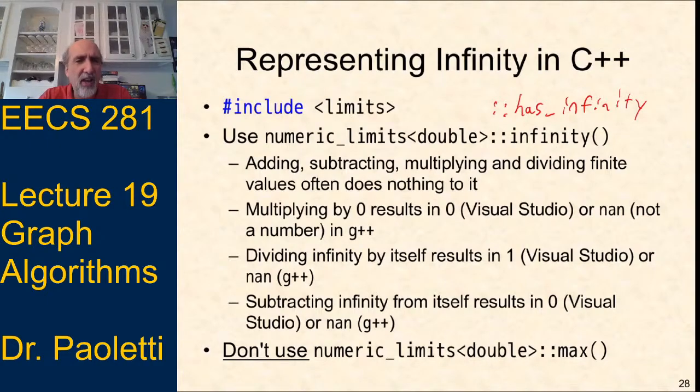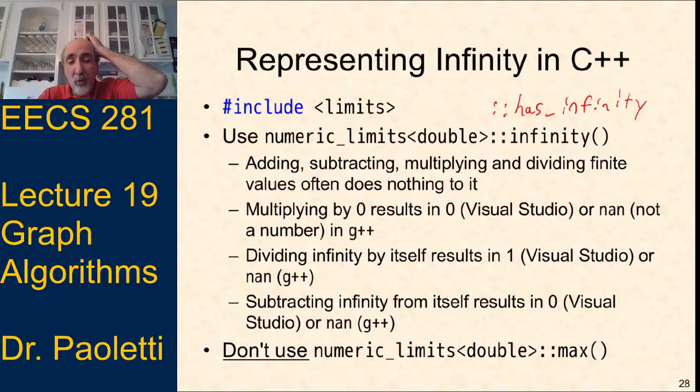I didn't test all of these with Clang, with the LLVM compiler, but I tested them with what I had available, which was G++ and Visual Studio. And I think Visual Studio did a bad job here. If you multiply 0 by infinity, Visual Studio says that's 0. G++ says it's not a number. So double actually has a couple of special representations for things like infinity, negative infinity, not a number, etc.